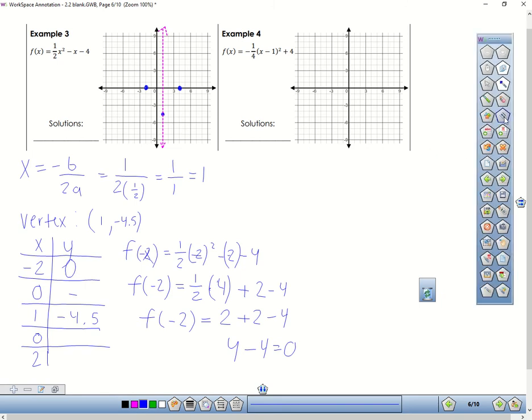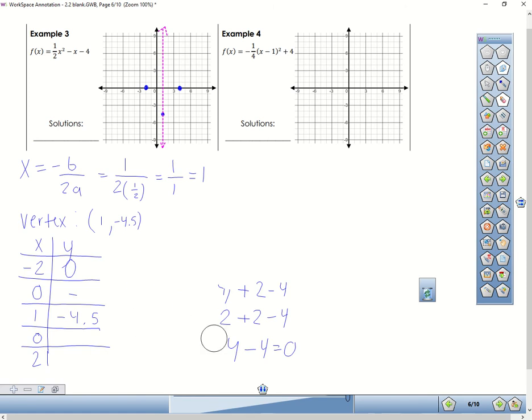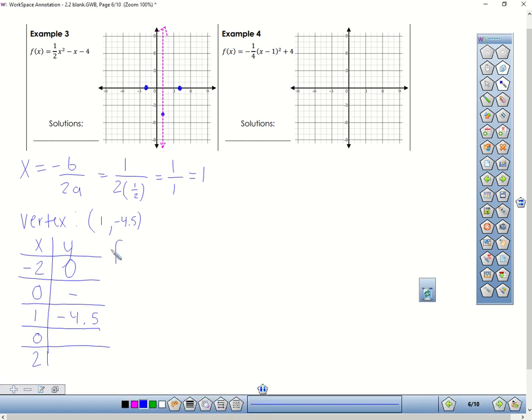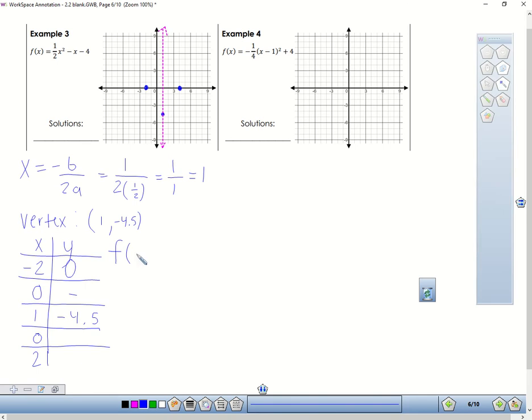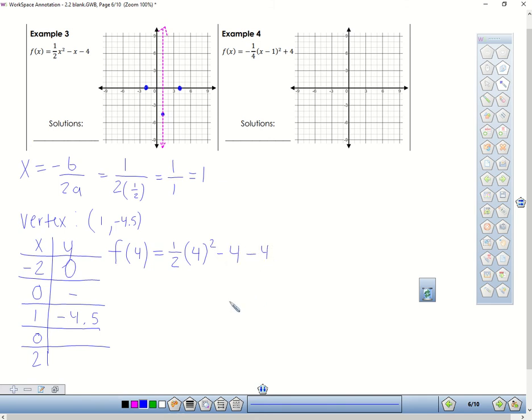Plug it in, right? So this is going to be f of 4 equals 1/2 times 4 squared minus 4 minus 4.